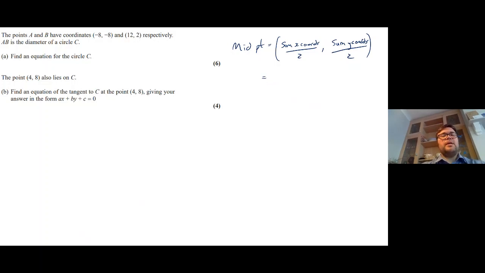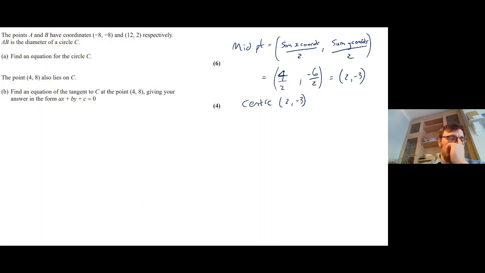So the midpoint is going to be -8 plus 12, which gives 4 over 2. The other one is -8 plus 2, which is -6 over 2. So our center is going to be 2, -3. Okay, so now we've got the center, we need to work out the radius.